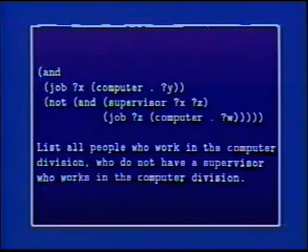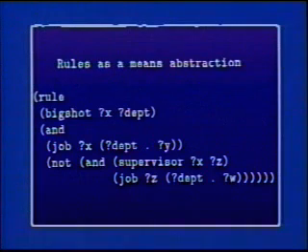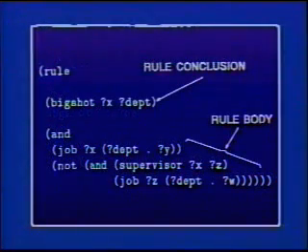So let's make a rule that somebody X is a big shot in some department if X works in the department, right? And it's not the case that X has a supervisor who works in the department. So this is our means of abstraction. This is a rule, and a rule has three parts. Right?